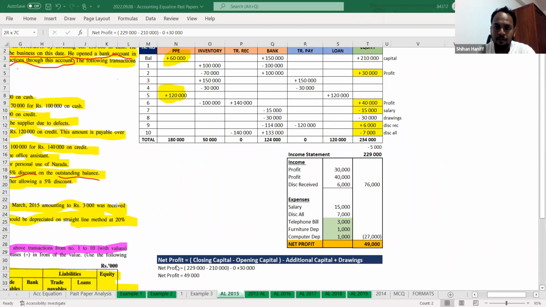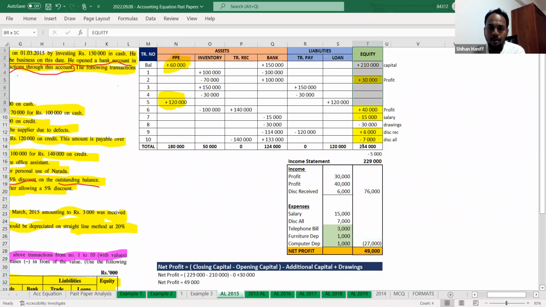There is a minus value for the drawings, but when you take the equation, we have to add the drawings amount. In the equity column we deduct, but in the equation, the total drawings amount will be added. The reason for adding is since it was already deducted. That is why we add back.